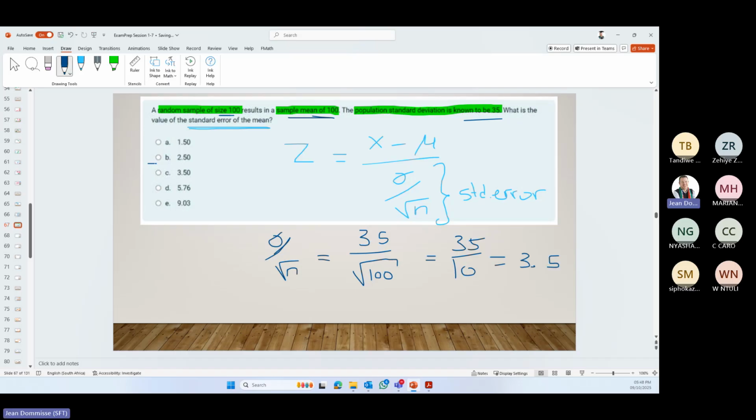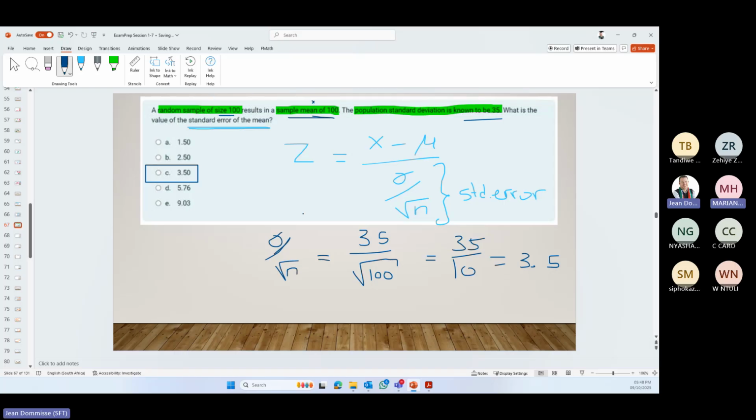Okay, which is there. And so again, the sample mean wasn't needed. So just be careful that you don't walk into a trap by having too much information.